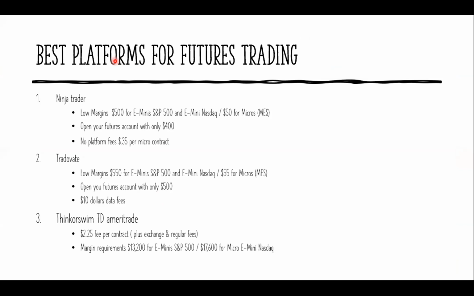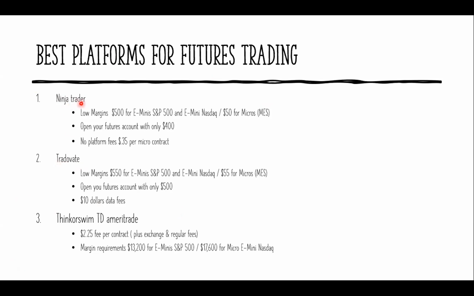There are two different types of brokers that divide futures: the small accounts, where you will see NinjaTrader or Tradovate, and everything else, Thinkorswim, E-Trade, Tastyworks. Everything else is for bigger accounts. So for small accounts, I suggest you start with NinjaTrader or Tradovate.